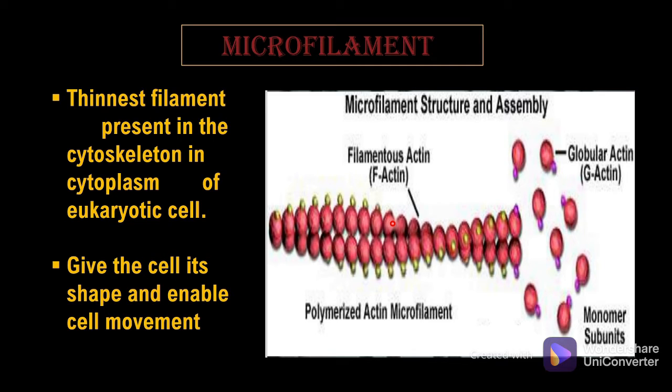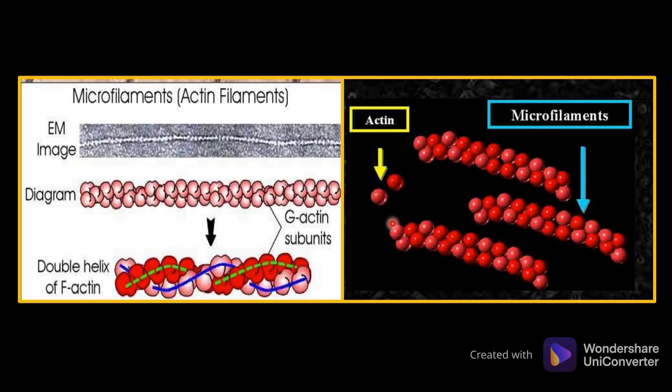So the polymerization of actin is shown here, and this process by which the monomers of the proteins combine to form actin filaments is called nucleation.